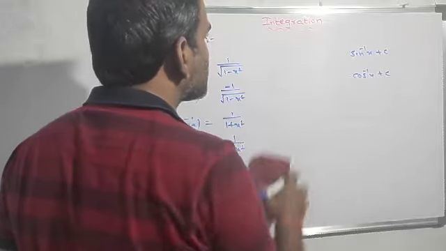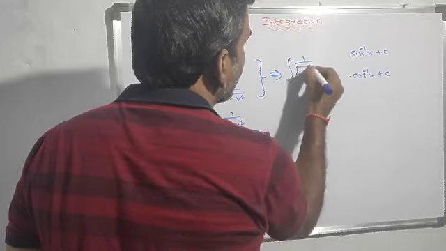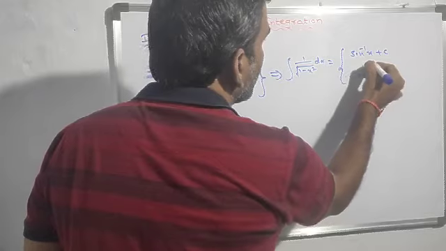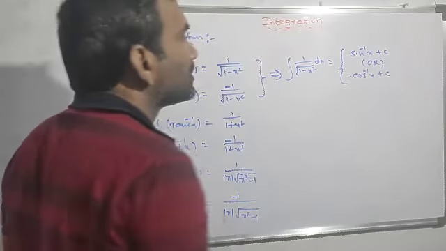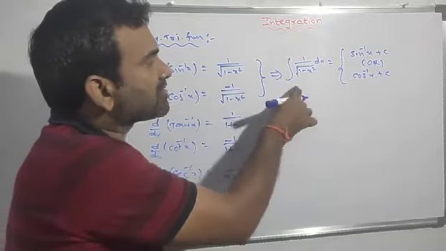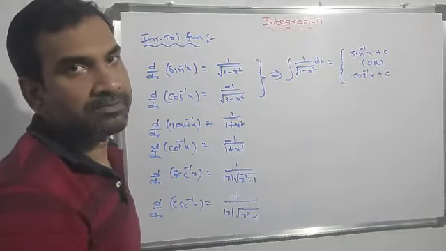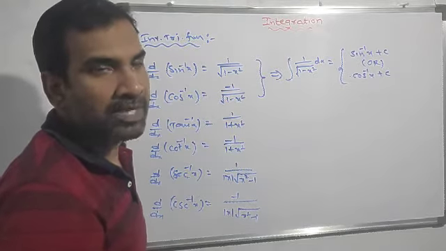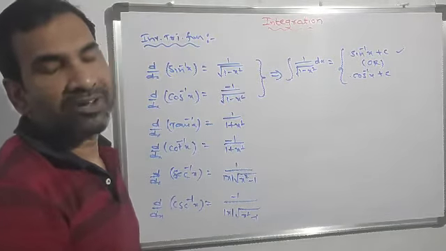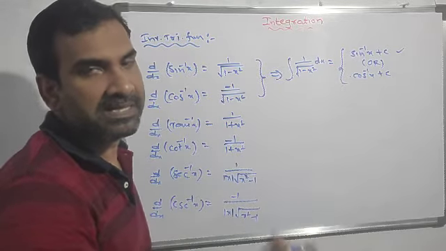Here we have two formulas, but in integration I am writing only one formula, which has two values. You can use any one value, but mainly we prefer this value: integration of 1 by square root of 1 minus x square into dx is sin inverse x plus c.